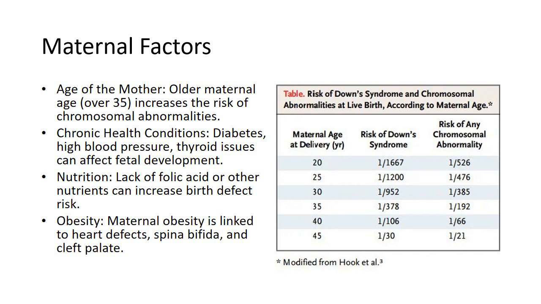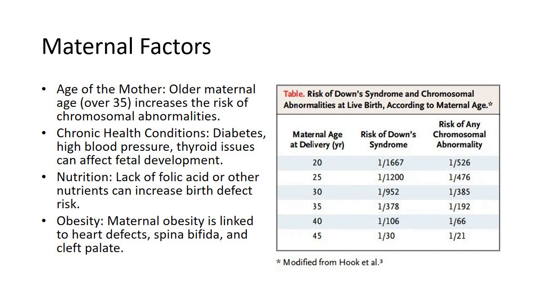Chronic health conditions. Pre-existing conditions like diabetes, high blood pressure, and thyroid disorders can increase the risk of birth defects. Poorly controlled diabetes during pregnancy, for example, increases the risk of congenital heart defects and neural tube defects.